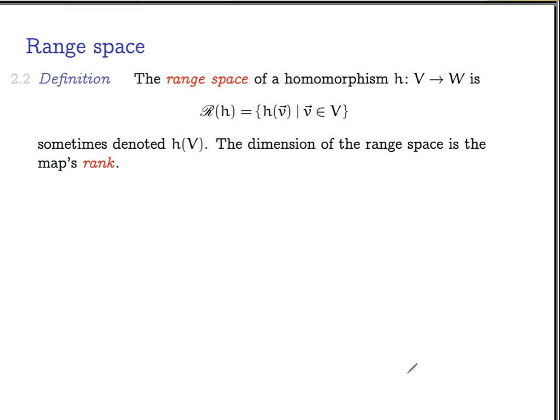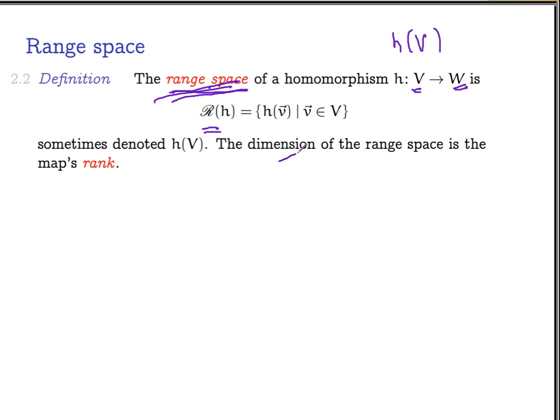Okay. Another subspace that's associated with homomorphism is called the range space. So I'm sorry, so we're using this previous lemma to define the range space, which is in fact I can think of the range space of a homomorphism as exactly the set H of V. It's the set of all vectors in W that are images of vectors in V. So we showed in that lemma that in fact this is a vector space.